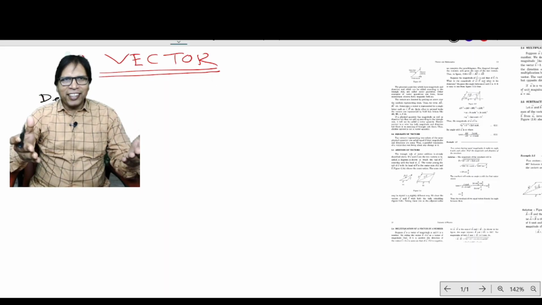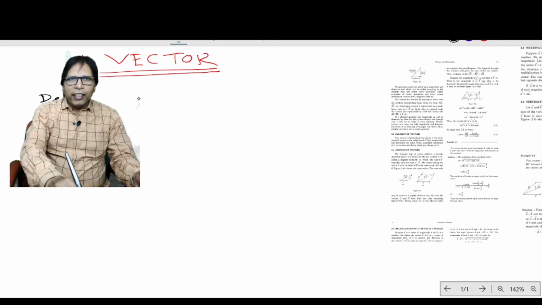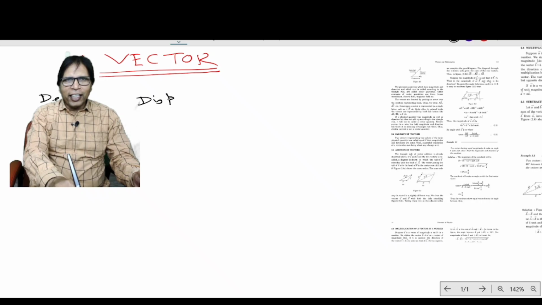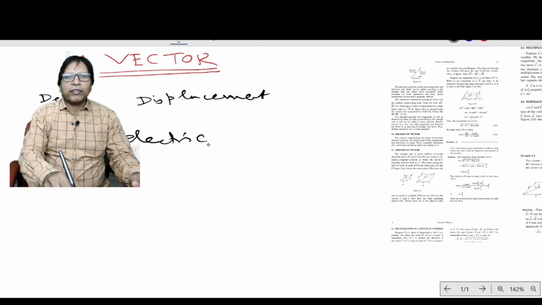First of all, definition. The physical quantities which have both magnitude and direction are called vector quantities. These quantities are added with the help of triangle law of vector addition, such as displacement, velocity, momentum, force, torque, angular momentum, electric field, magnetic field, etc. are the vector quantities.